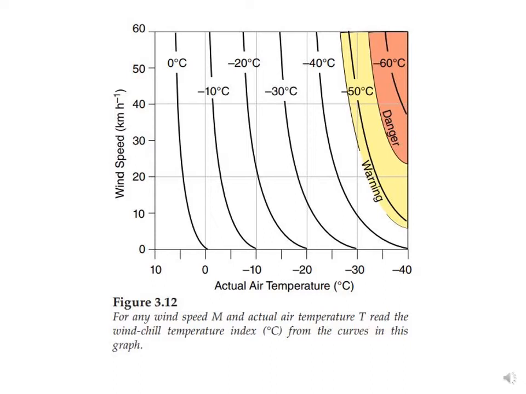As the wind gets even faster, the slope of the wind chill temperature line doesn't change quite as rapidly. So for a combination of minus 20 degrees Celsius and 20 kilometer per hour winds, you're looking at a wind chill of about minus 32 degrees Celsius.